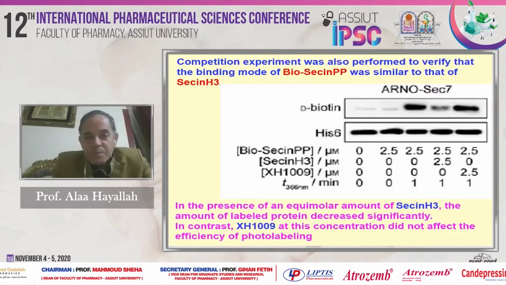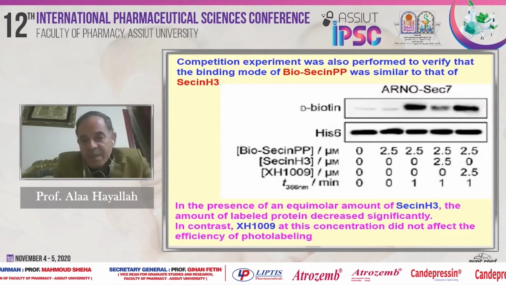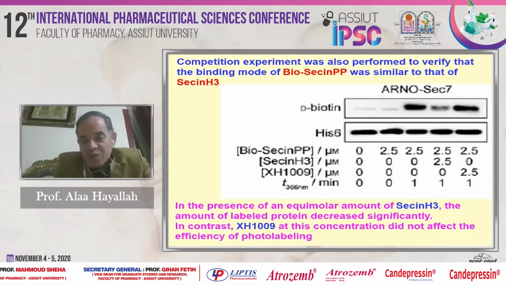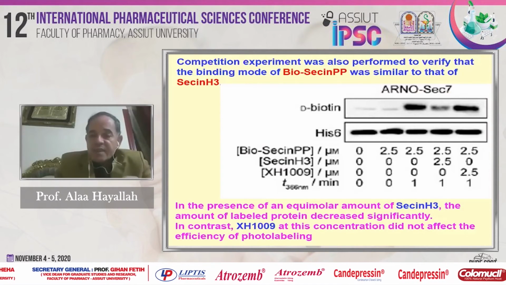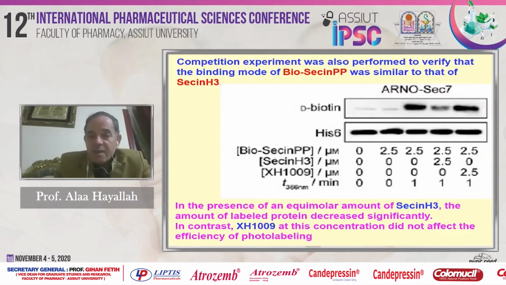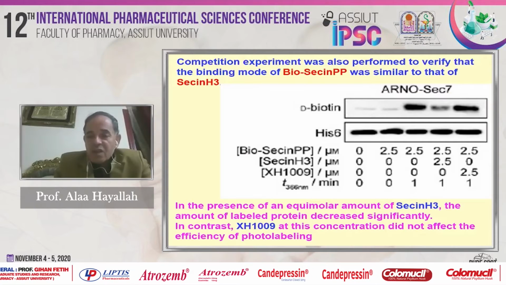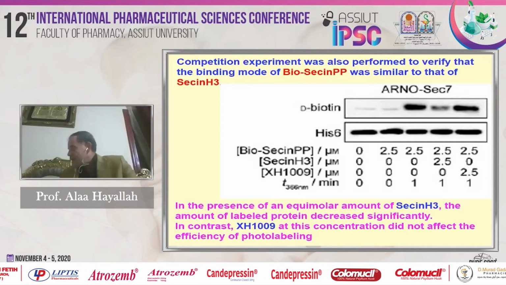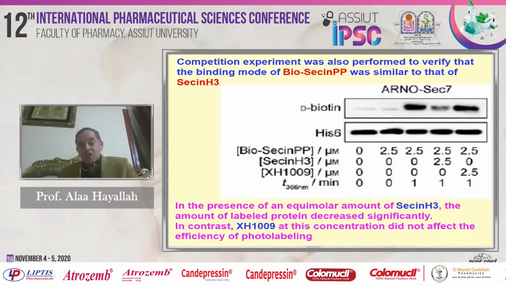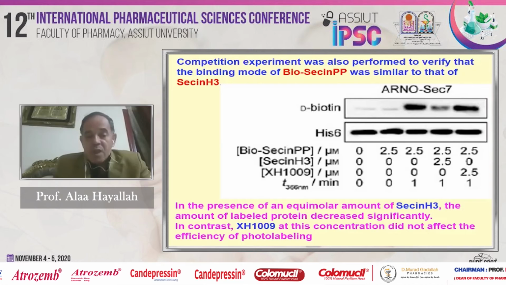A competition experiment was also performed to verify that the binding mode of biocysteine PP was similar to that of cysteine H3. We want to prove the affinity in a competition study towards the ARNO Sec7 domain, and this is proved by application of our functionalized reagent with our cysteine H3.